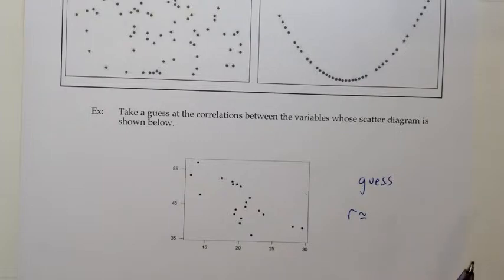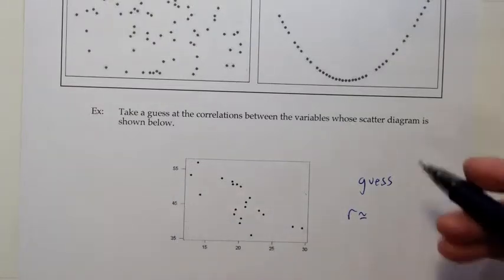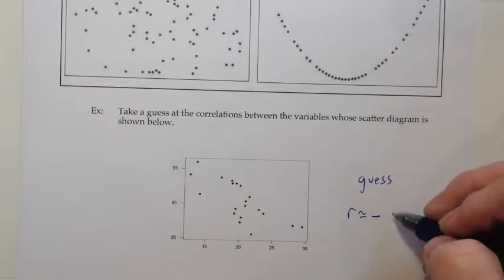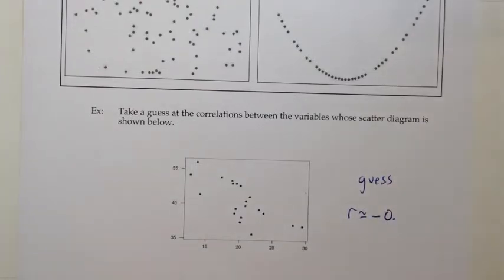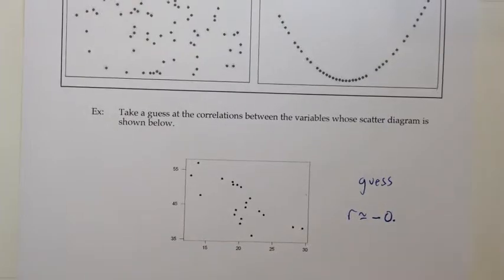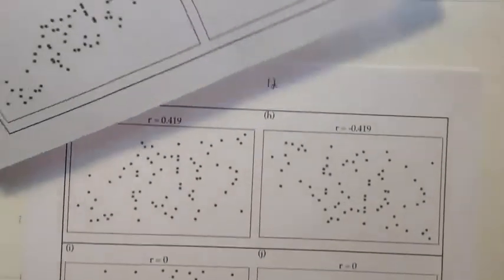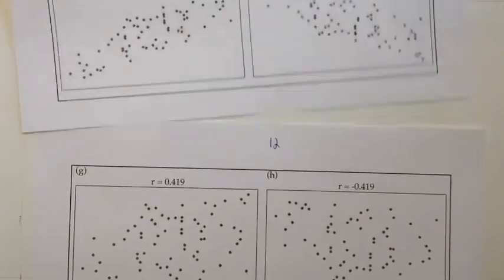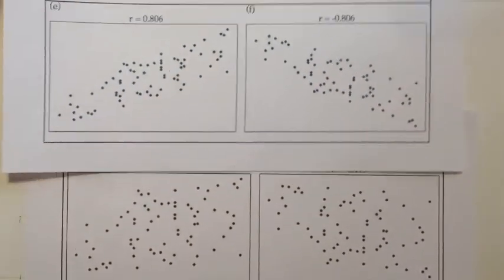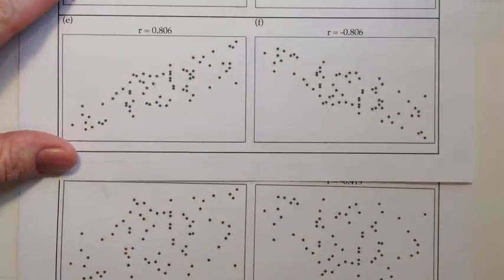Alright, so let me go ahead and show you the strategy I would use for guessing on this. The first thing that I notice is that this pattern is a downward pattern, and that means I'm going to guess something negative. It's not perfect, so it's going to be a decimal value. So negative 0 point something. So when I start looking at the ones that I have, I can look at this 0.419 and say, you know what, my pattern is not that bad.